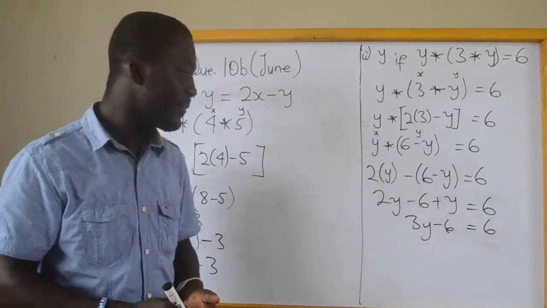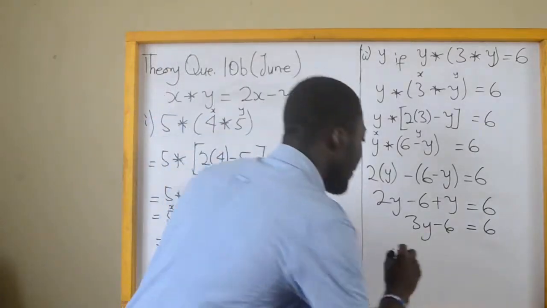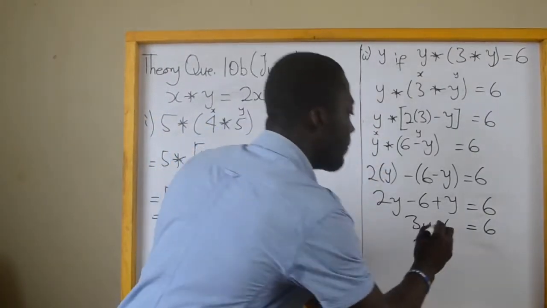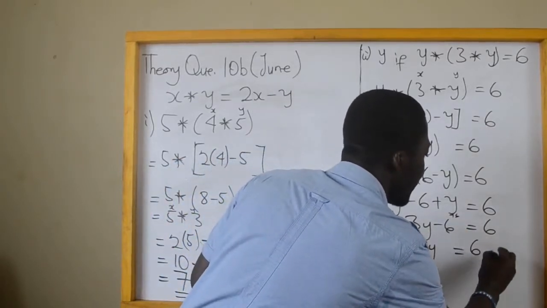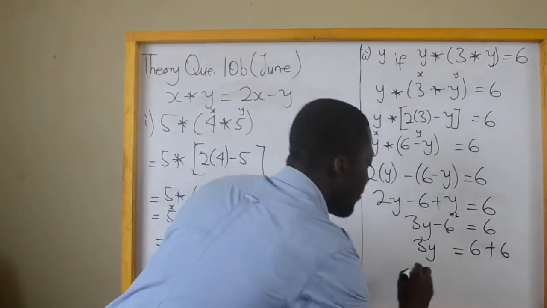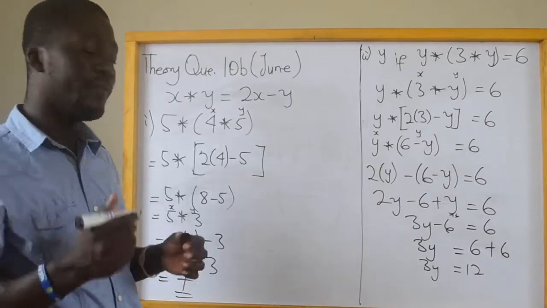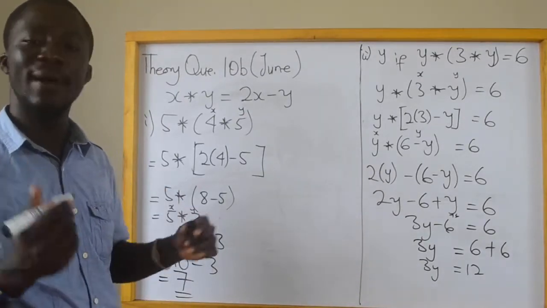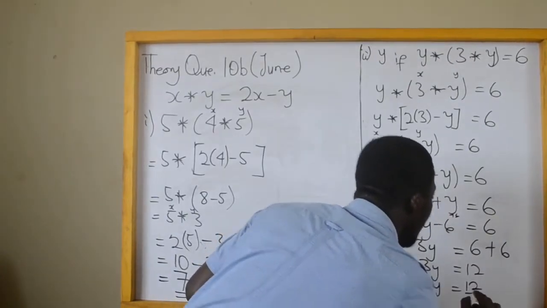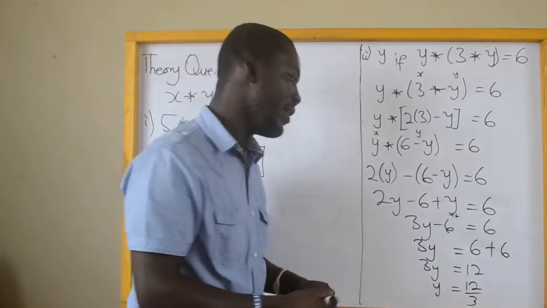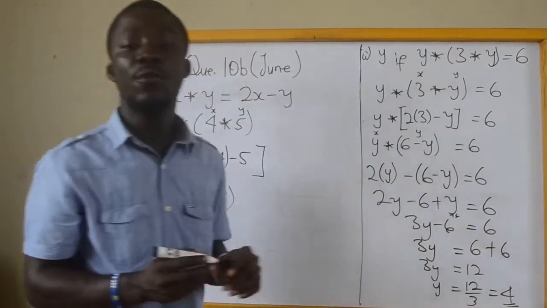And when we add 6 to both sides of the equation, we get 3y equals 12. We find the value of y by dividing both sides by 3. So y equals 12 over 3. The 3 will get rid of this 3, and at the end, the value of y will be equal to 4.